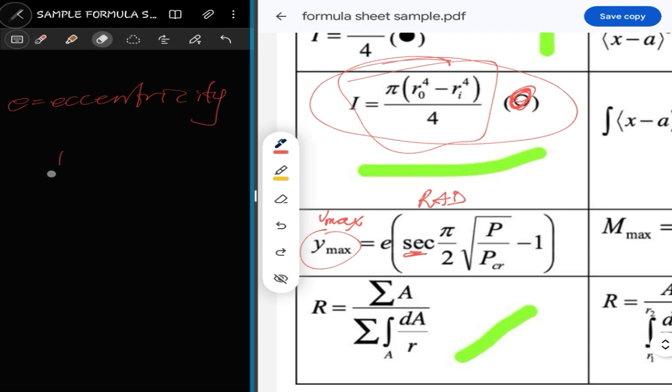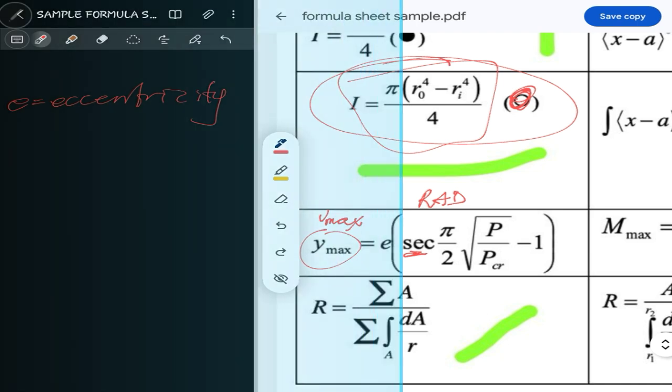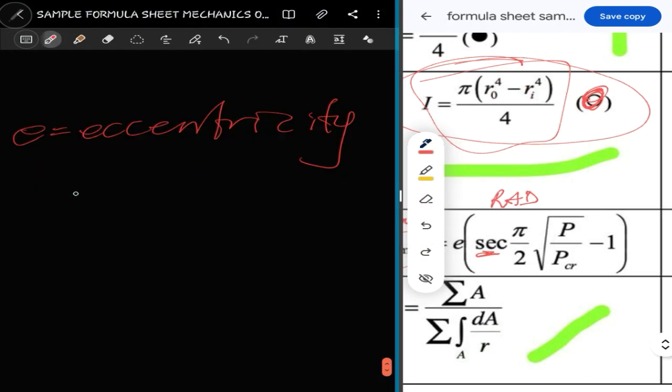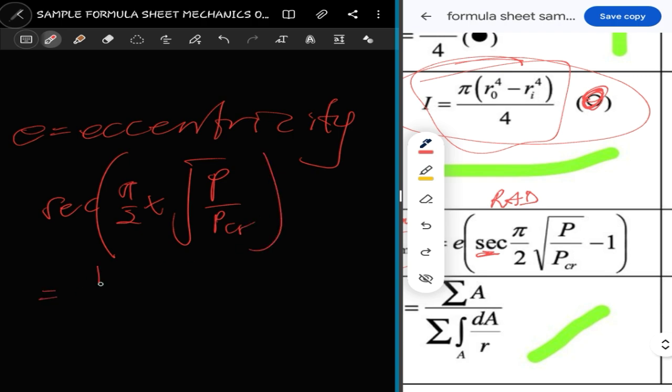If you are using a calculator that doesn't have sec, remember that sec is basically the reciprocal of cos. So this sec of pi on 2 times the square root of P on PCR is the same as 1 on cos of pi on 2 times the square root of P on PCR.